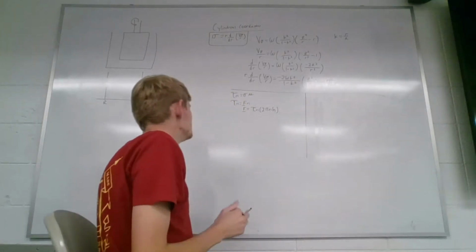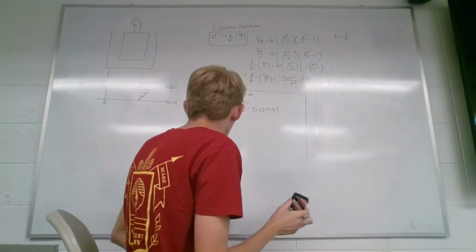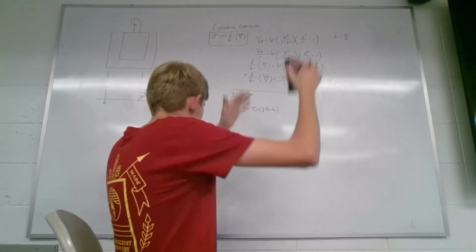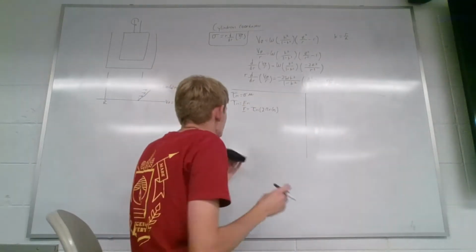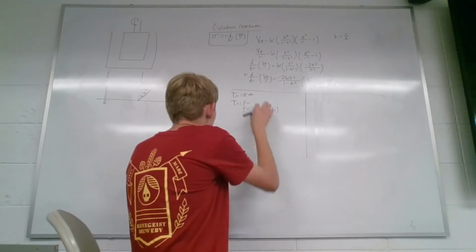And this is going to be our area being found at this sort of shell. So this is going to be our area, and then we can substitute this force back into this equation.